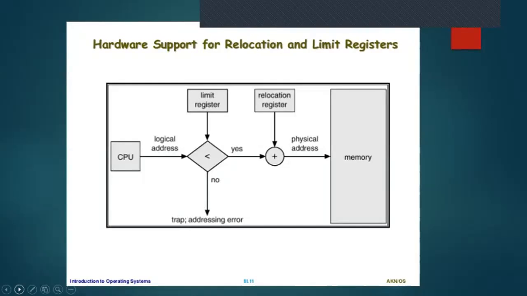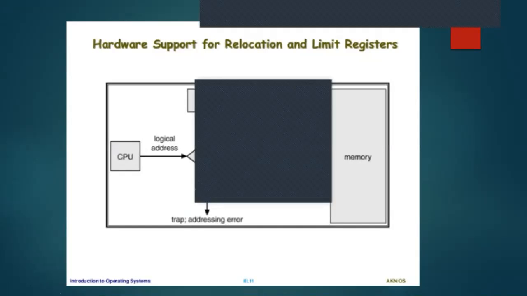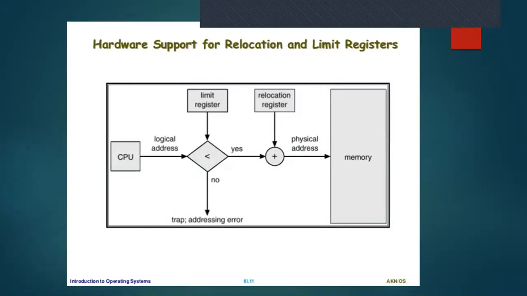Relocation register contains the value of the smallest physical address, whereas limit register contains the range of logical addresses. There's a mapping which needs to be done from logical to physical, and that mapping is done with the help of these registers.